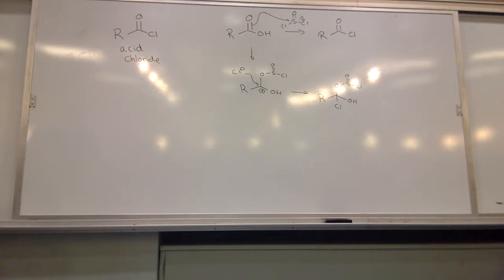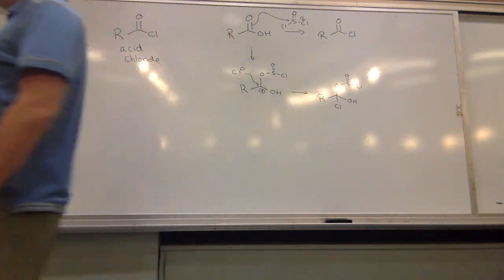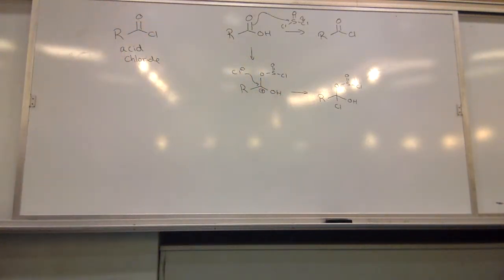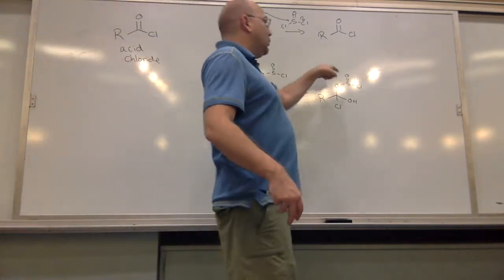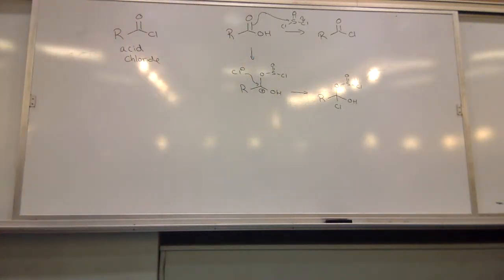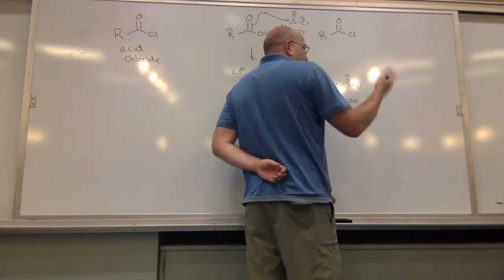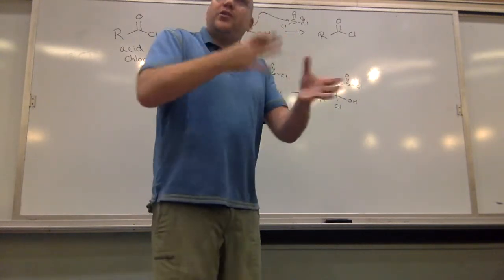We leave behind the carbocation at the carbonyl carbon. That can then be attacked by a chloride. Then we get to this intermediate that we see here, and as we've seen in the past, you can lose SO2 gas and the chloride.